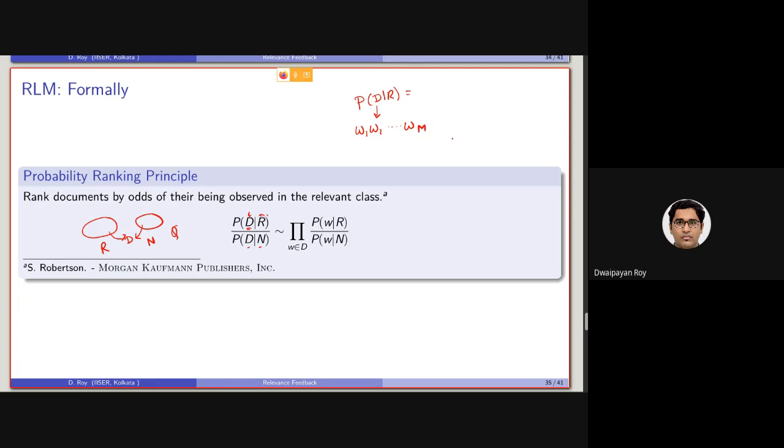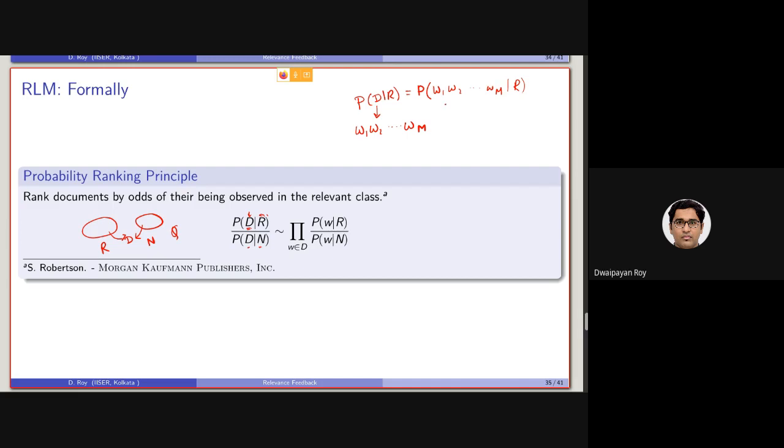Okay. Now probability of D given R, that means what is the probability that I'll be generating D from R. Now if we consider the word independence assumption, that is all the words are occurring independently from each other, we can consider this as probability of W1, W2 up to WM given R, isn't it?